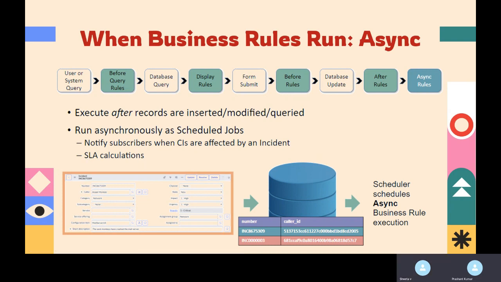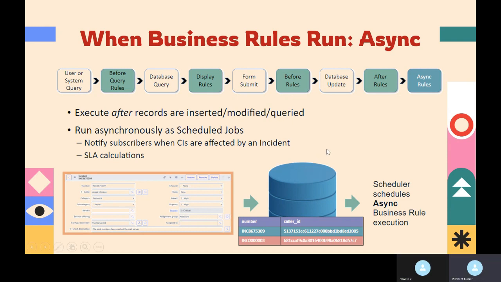Because this should be asynchronous. It should not depend on some executions, right? It should be done in some time so that it doesn't impact any work happening on the system.